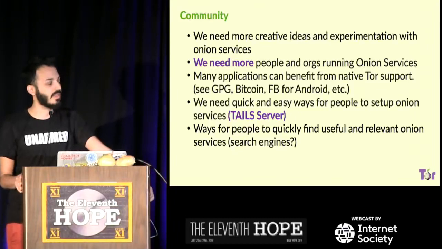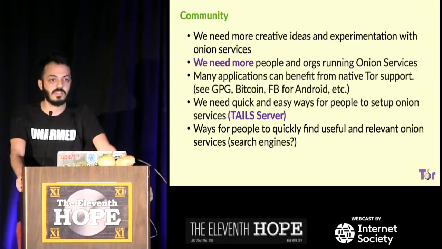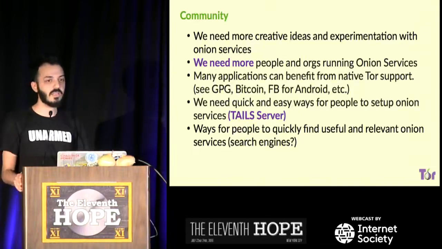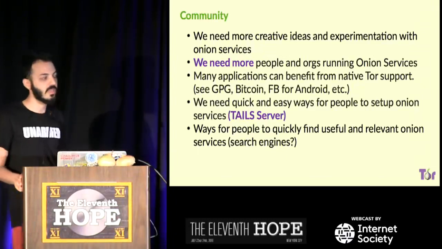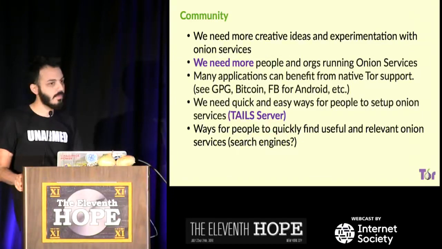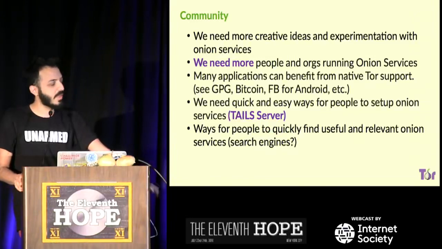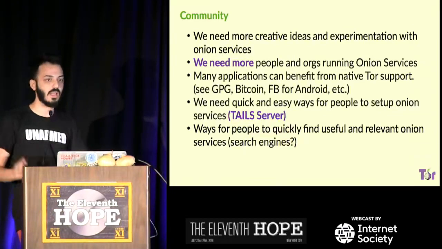And finally, we need more ways to find useful and relevant Onion services or Onion sites. There's Ahmia, a search engine, and there are a bunch of tools. There's an XMPP client that has hard-coded the addresses of known Jabber servers, like jabber.ccc.de, and we need more things like that to happen, so we can find these Onion addresses that are useful.